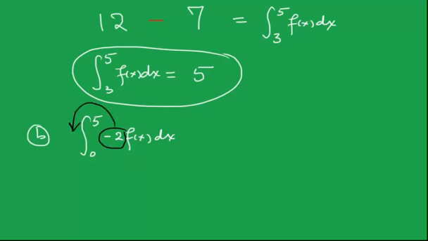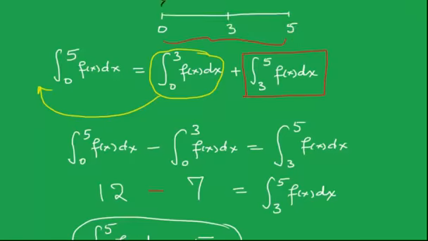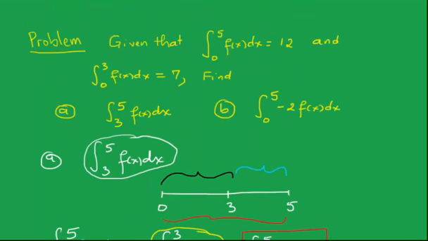Remember, these have the same properties as the summation, the sigma notation. So negative 2 times the integral from 0 to 5 of f of x dx. But this number is given, the integral from 0 to 5 is given to be 12.